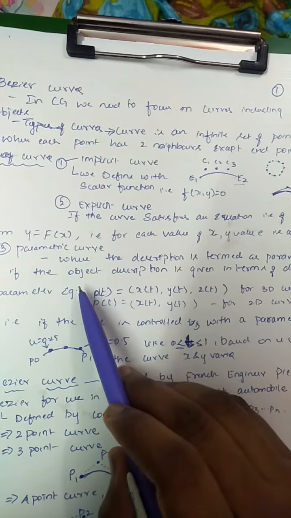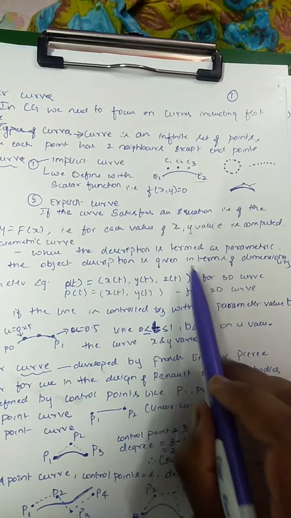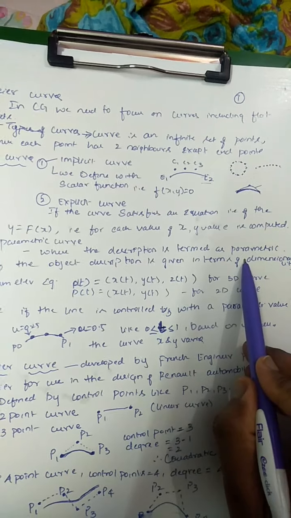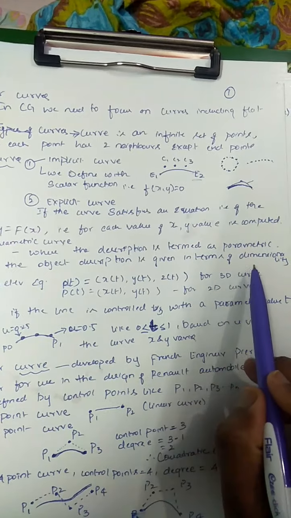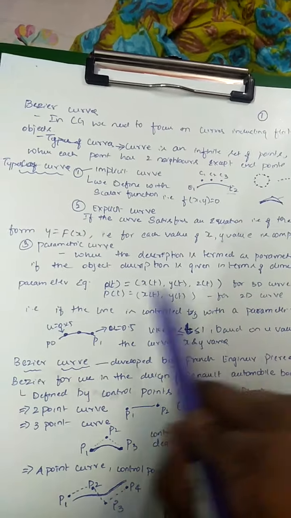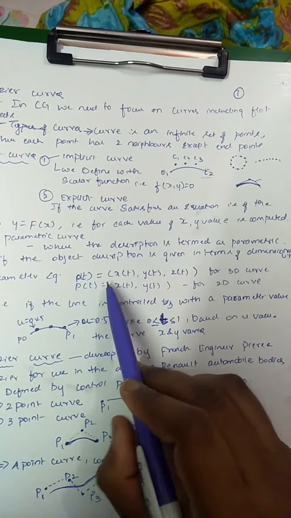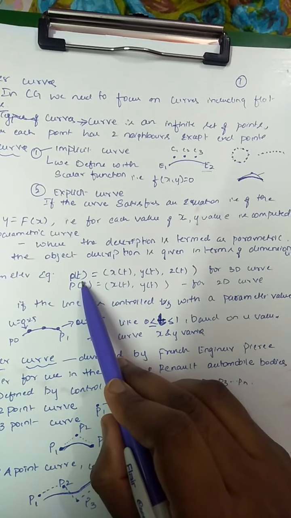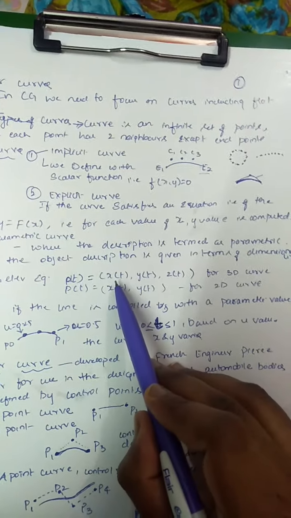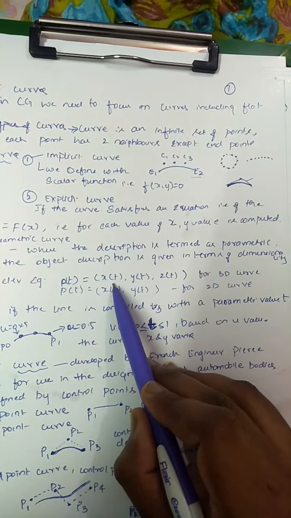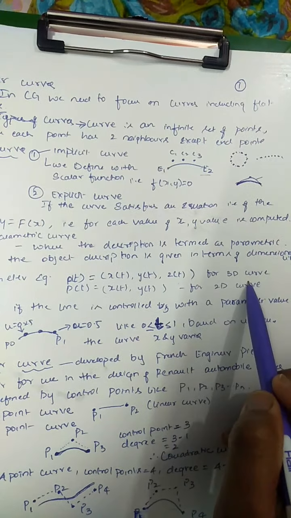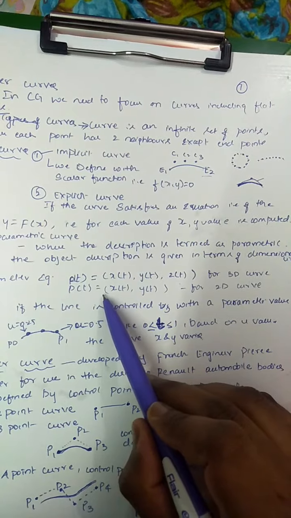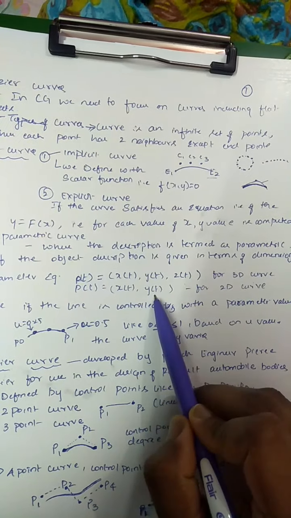So consider a parametric curve, where the description is termed as parametric. Why? Because the object description is given in terms of a dimensionality parameter. For example, assume p of t could be represented with respect to x of t, y of t and z of t for a 3D curve, and for a 2D curve it is x of t and y of t.